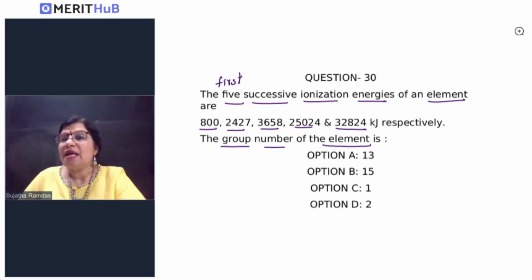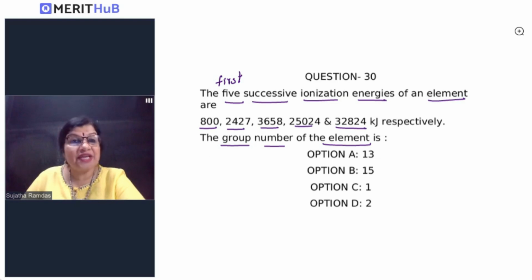Now, let's look into the first 5 successive ionization energies. 800 is the first ionization energy, involved in the removal of the first or outermost electron. 2427 is the second ionization energy. 3658 is the third ionization energy. 25,024 is the fourth, and 32,824 is the fifth ionization energy.